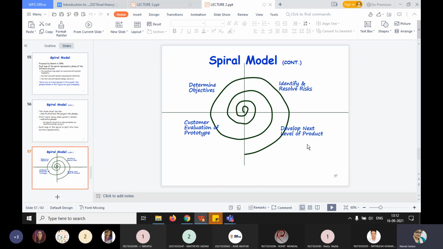Whenever you have a big product, here I have given 4 loops, but you may need 5 to 6 loops. Over each loop, one or more features of the product are elaborated and analyzed, and the risks at that point of time are identified and resolved through prototyping. Based on this, the identified features are implemented.